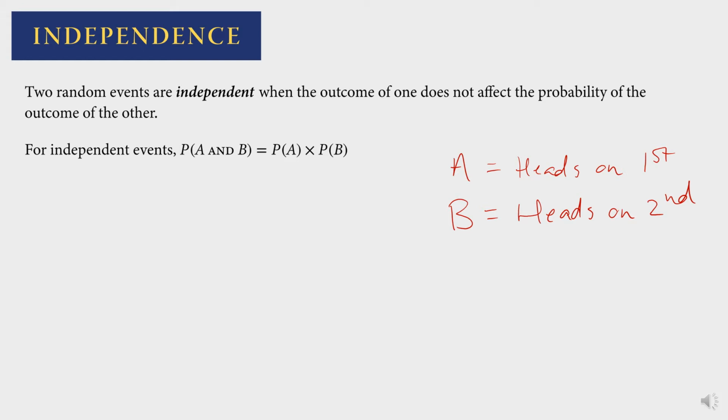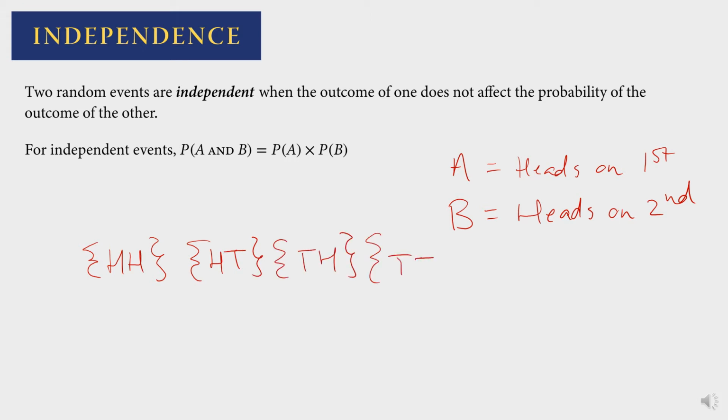If you flip a coin twice, there are 4 possible outcomes. You can get heads, heads; heads, tails; tails, heads; and tails, tails. And all of these are equally likely, so they all have probability 1/4.